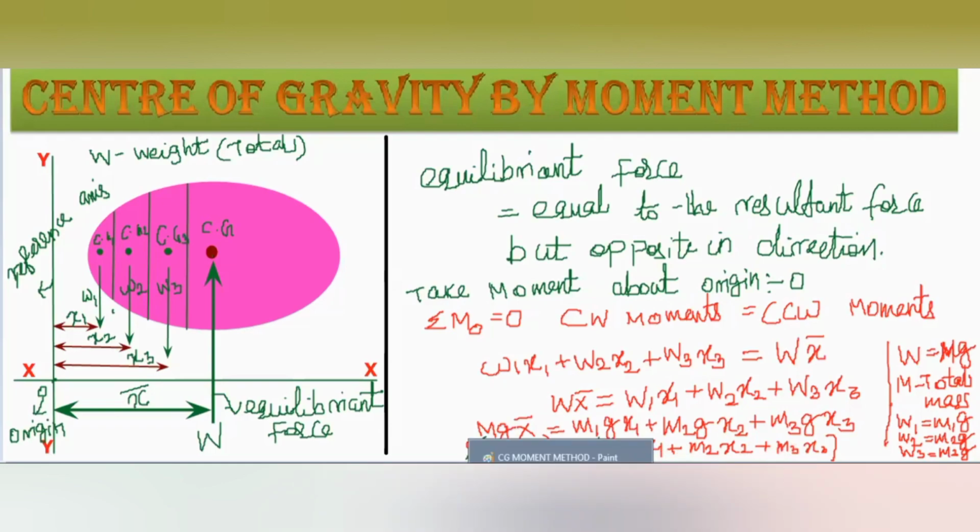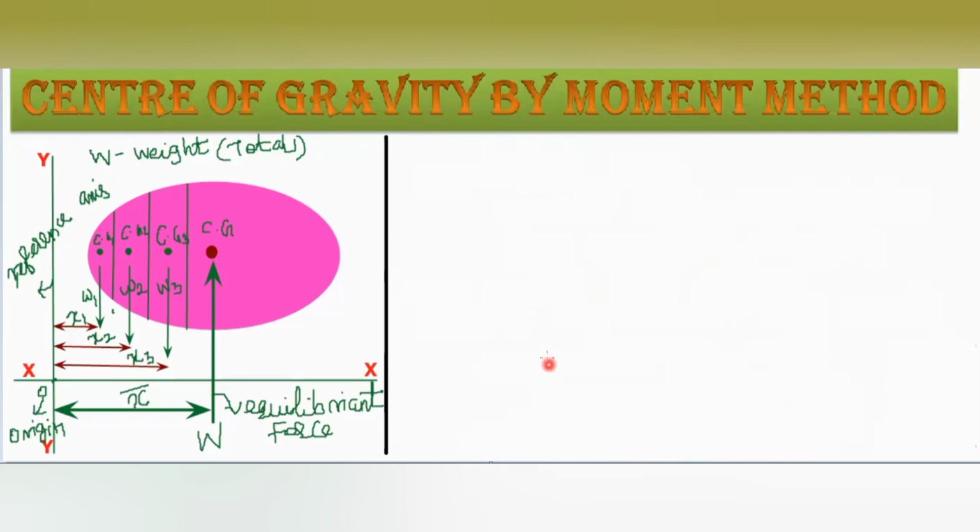Then further continuity of this will be capital M, total mass, X bar equals m1 x1 plus m2 x2 plus m3 x3.